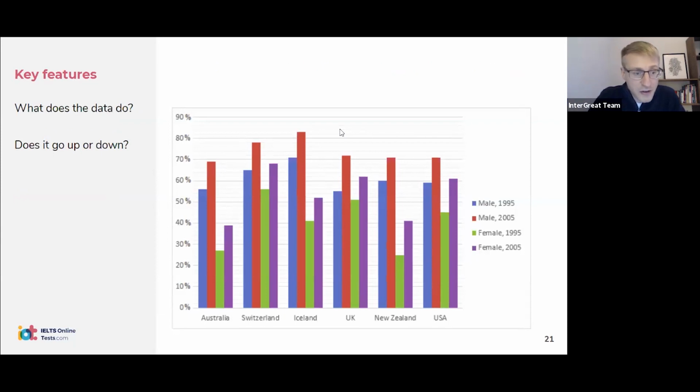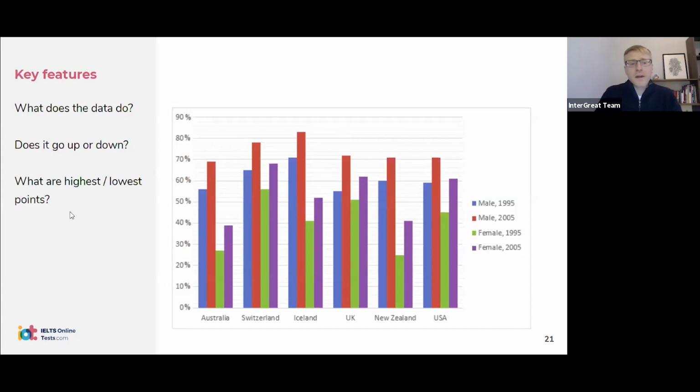Yeah, very good, Lim Raymond. You're saying the employment increases for both male and female over time. Exactly. So this is a key feature, right? It jumps out at us. Overall, the percentage increases in all categories.